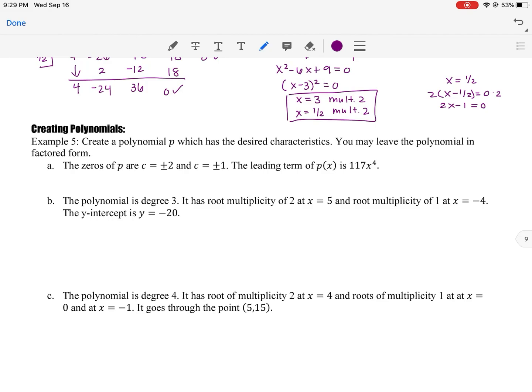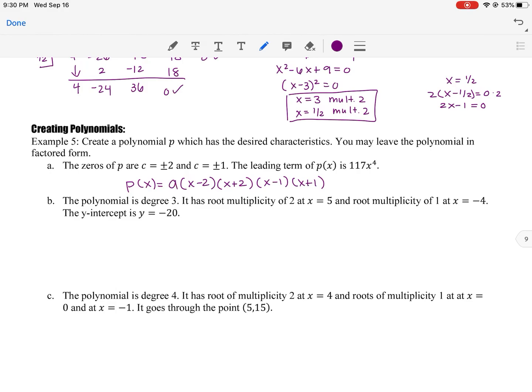If c is equal to 2, that means x minus 2 is a factor. If it's negative 2, x plus 2. Remember, it's the opposite. So for plus and minus 1, you'd have x minus 1 and x plus 1 as the different factors. And this is some polynomial p of x.